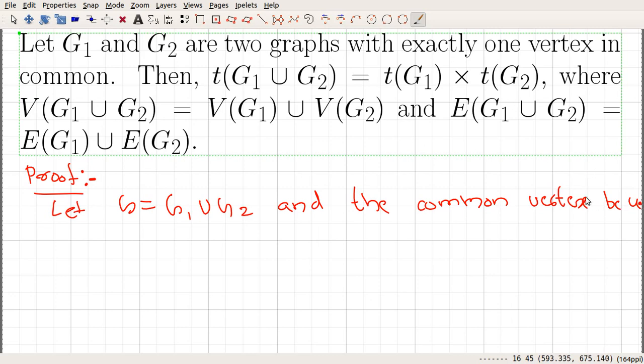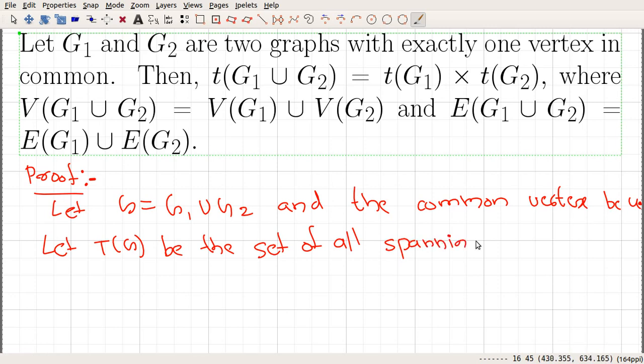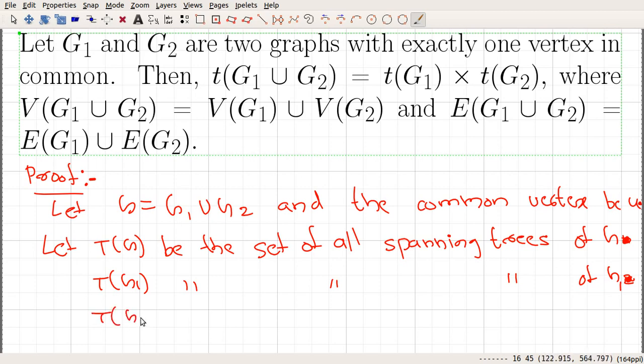Okay, so let's define three sets. Let T of G be the set of all spanning trees of G, and T of G1 be the set of all spanning trees of G1, and T of G2 be the set of all spanning trees of G2.